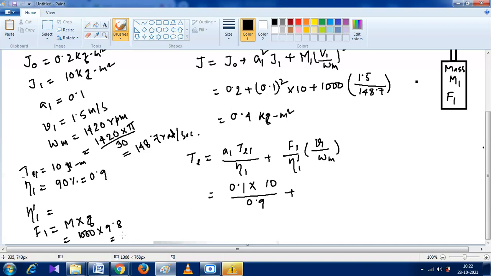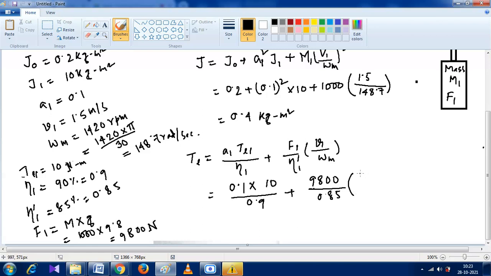Then what is the value of that? 9800 Newton. And what is the efficiency of the rotation to translation transmission system? 85%. That means 0.85.